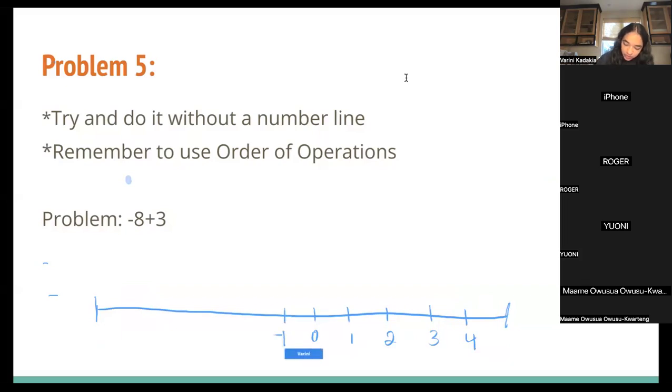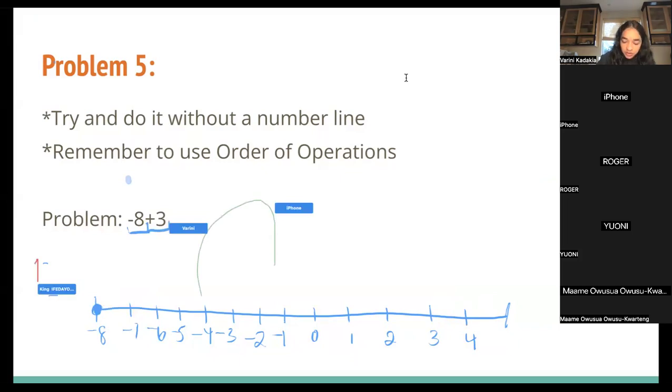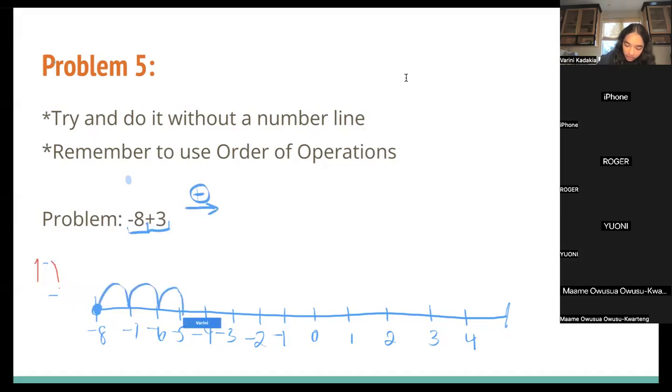We'll do -1, -2, -3, -4, -5, -6, -7, -8, right? So our first part is -8, so let's put it on -8. And our second part is +3. Because it's positive, we're going to move to the right. So we go 1, 2, 3. We should end up at -5.